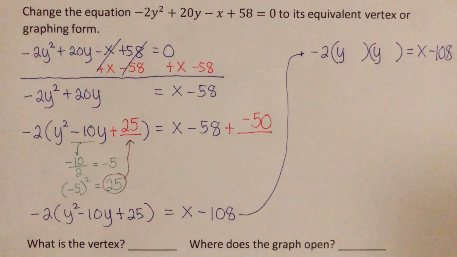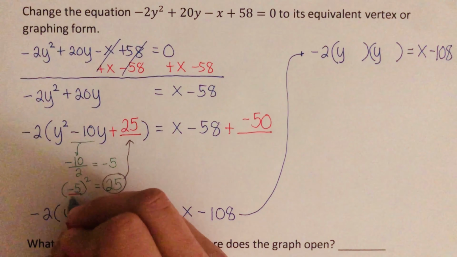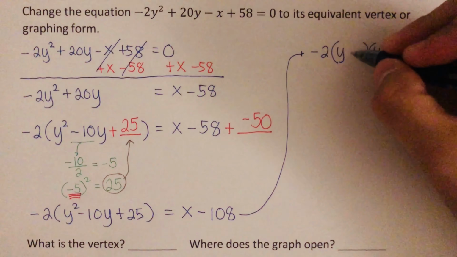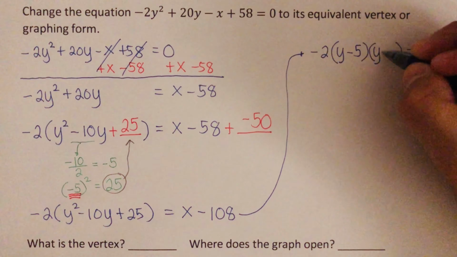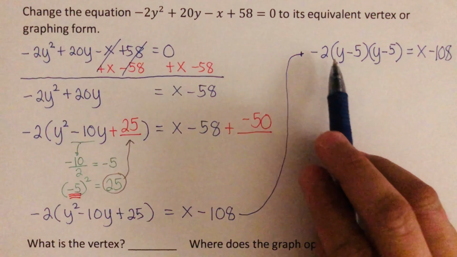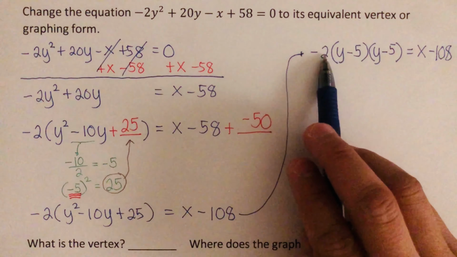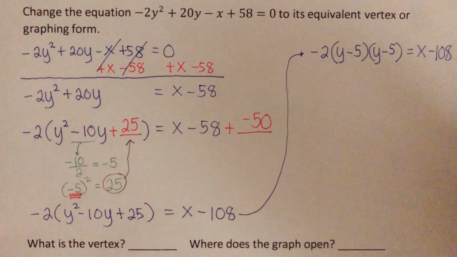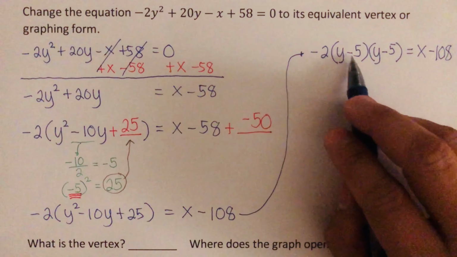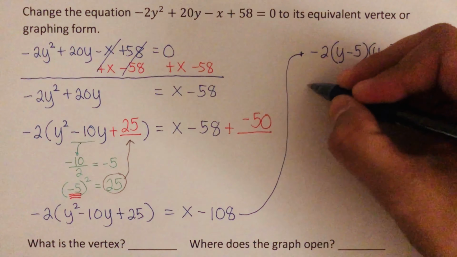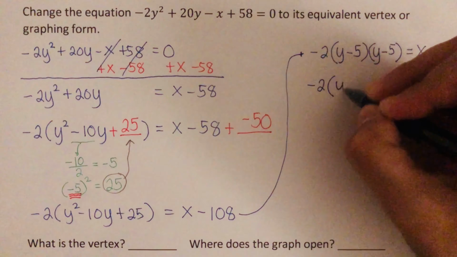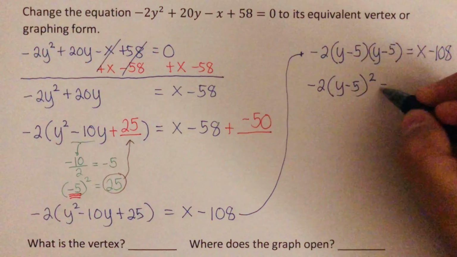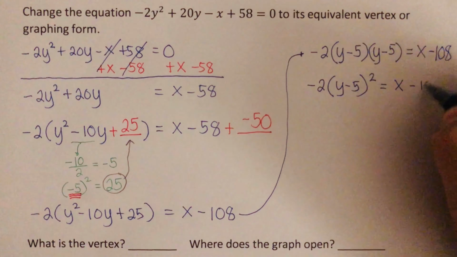Now the trick is it's this number right here that we pair up over here. So that would be a -5, and then that's a -5. So then if you multiply these two, and multiply it by -2, it will come out back to this form. Okay, so what we are gonna do now is, since we have y -5, there are two of them, so I can go ahead and write -2 parentheses y -5, and I'll square it. That means there were two of them, is equal to x minus 108.